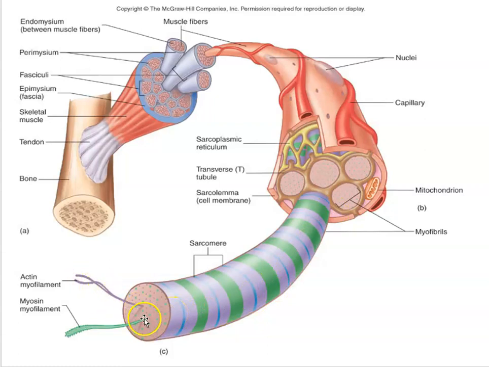It's composed of much thinner myofilaments, like the thin threads that compose a sewing thread. And it's these myofilaments that we're about to examine. You can see here they come in two flavors. We have actin, the thin filament, and myosin, the thick filament.